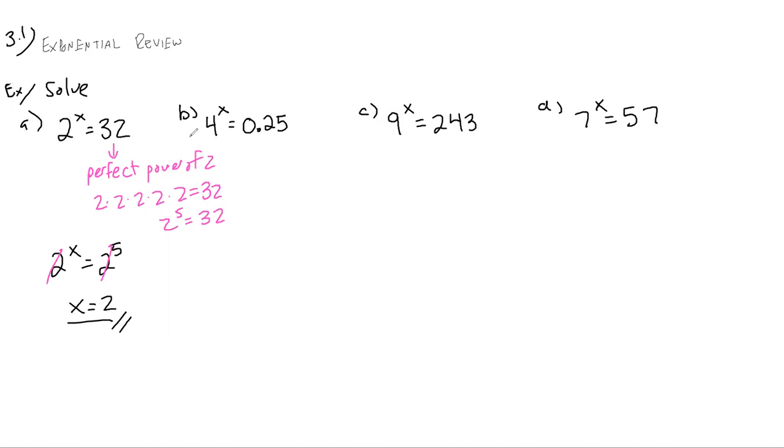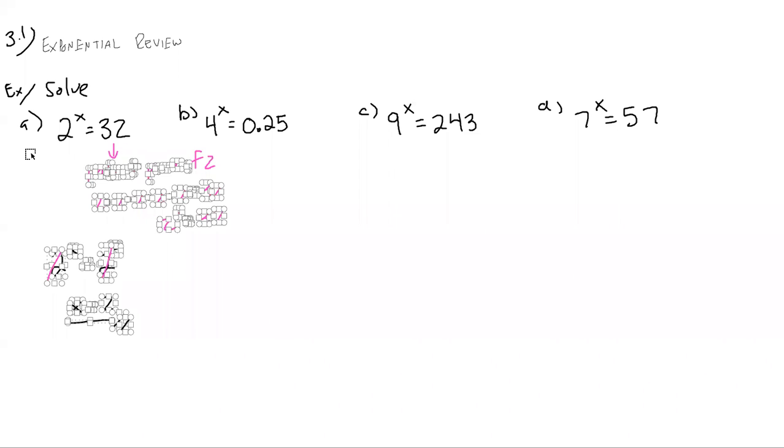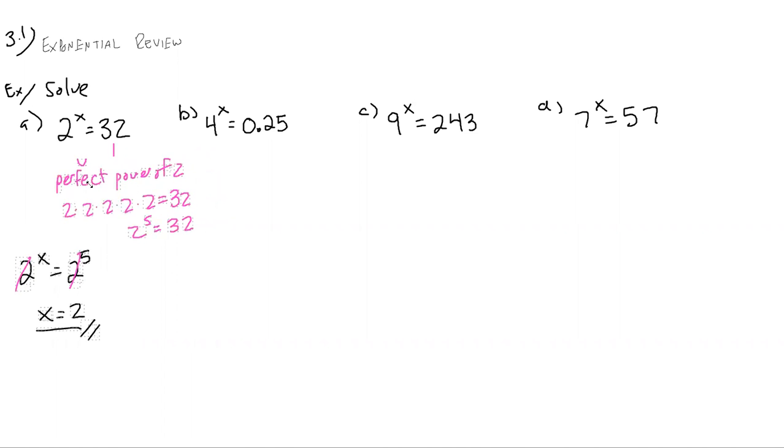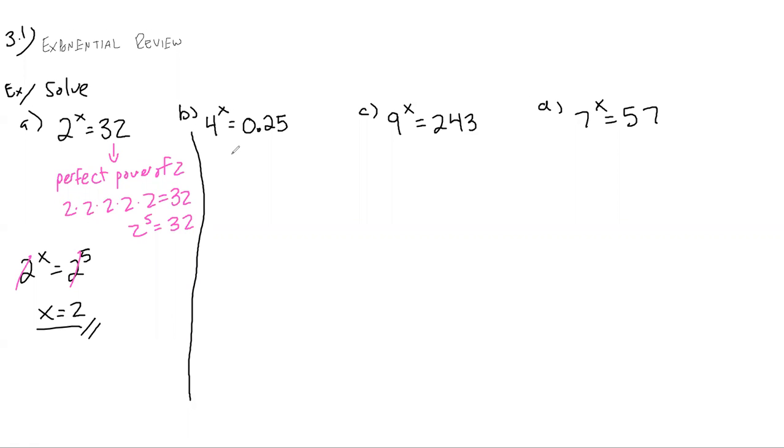For the second one, maybe I'm just going to move some of this over. Okay, so for the second one, I just made myself some room there. Just touch on some of those exponent laws that I had mentioned before.